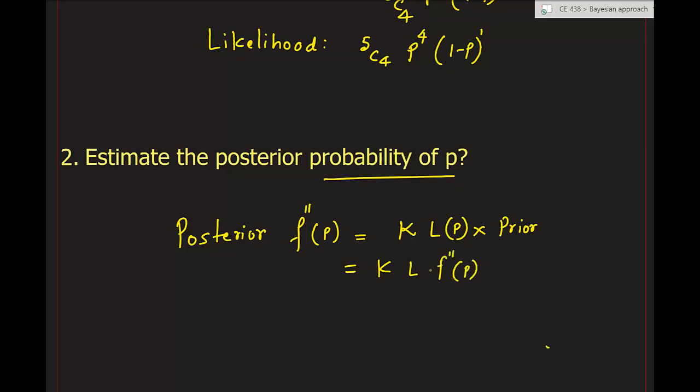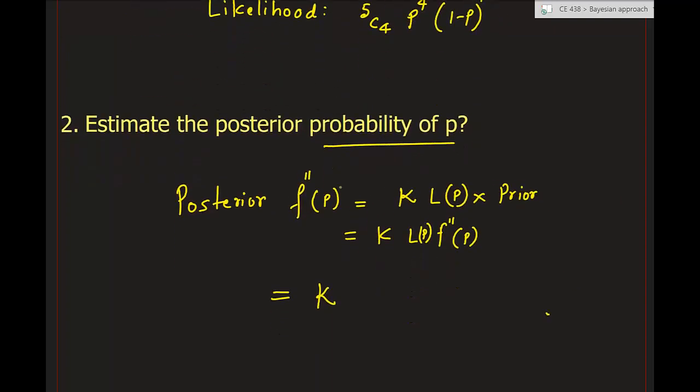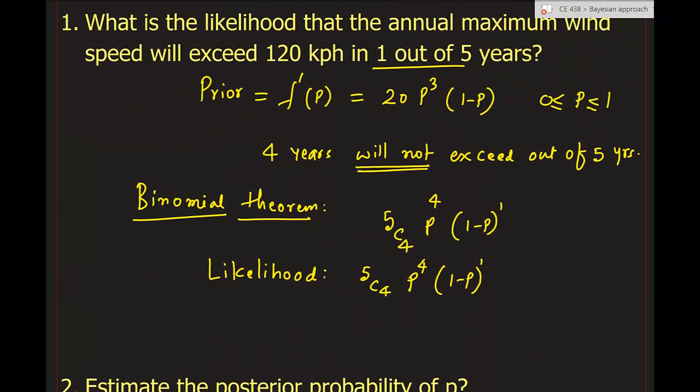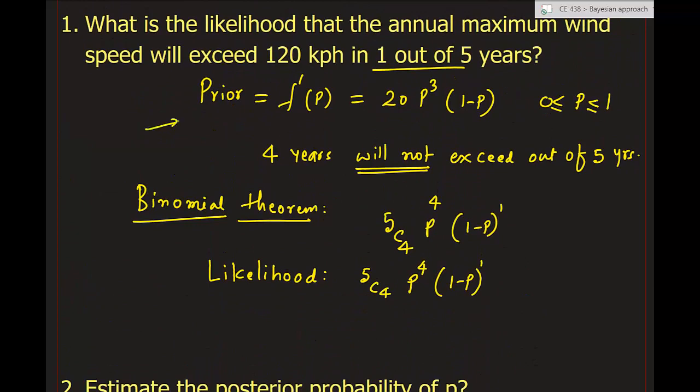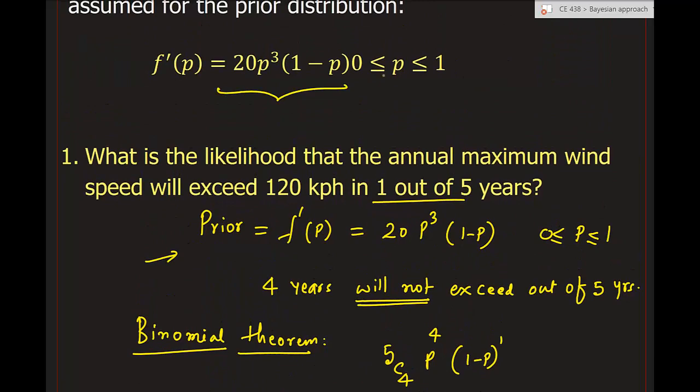And this likelihood is also a function of p. So k times the likelihood function is 5C4 p raised to the power 4 times (1 minus p), and the prior is given as 20 p cubed (1 minus p), where p lies between 0 and 1.